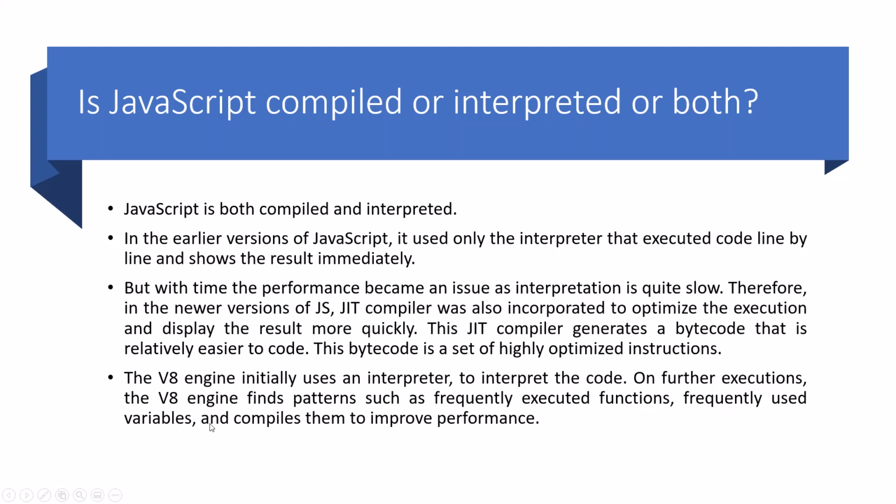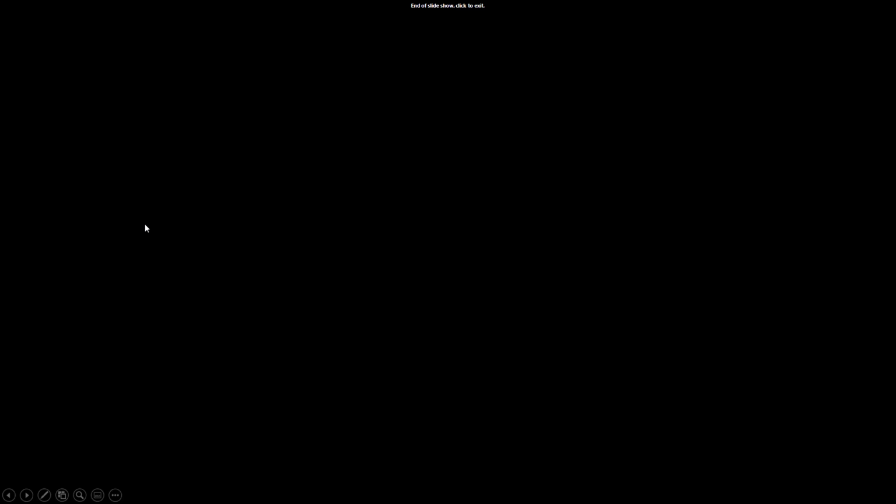On further executions, the V8 engine finds patterns such as frequently executed functions and frequently used variables, and compiles them to improve performance. So, to improve the performance, the JIT compiler was introduced. So we can say that JavaScript is both compiled and interpreted language.